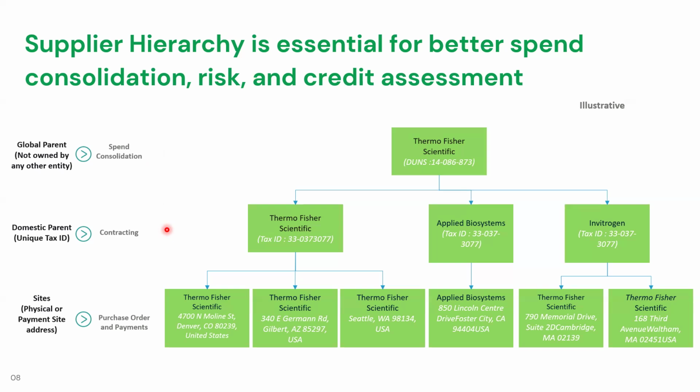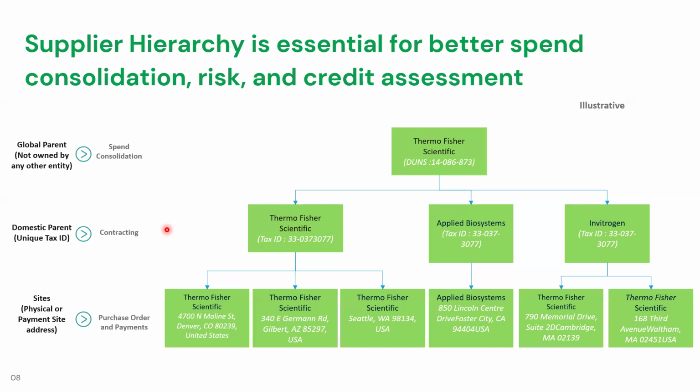Here I have shown the same tax ID because in the case of Thermo Fisher they have the same tax ID, but in a real scenario, consider your tax ID to be different for these. Each will have a unique tax ID and a contract, or if it is a master service agreement, it will be with this particular entity.